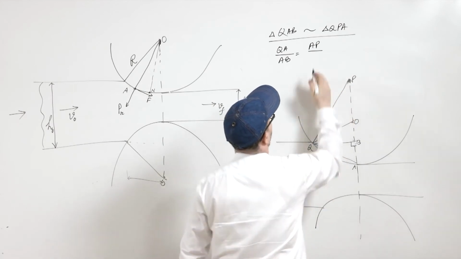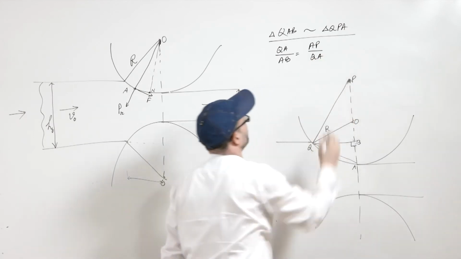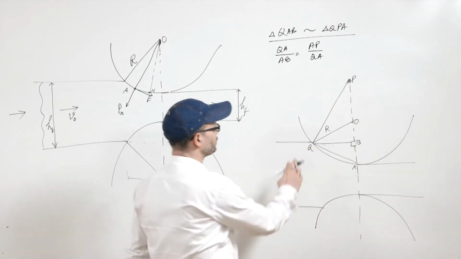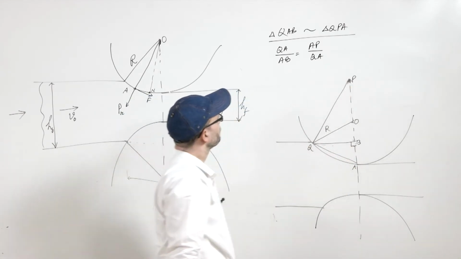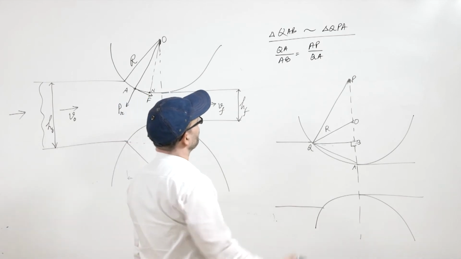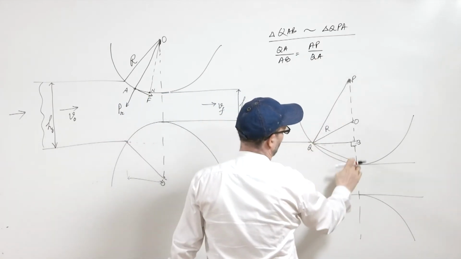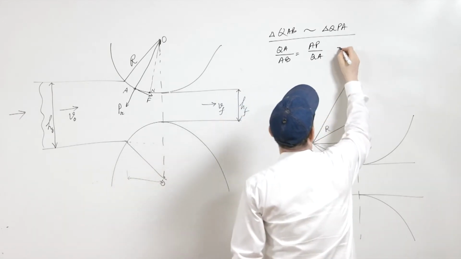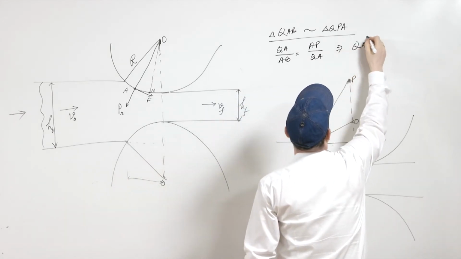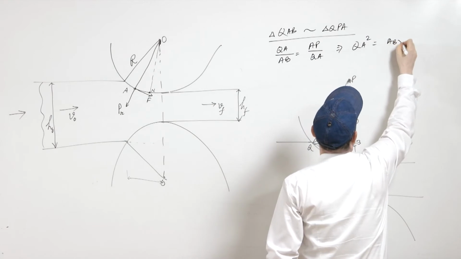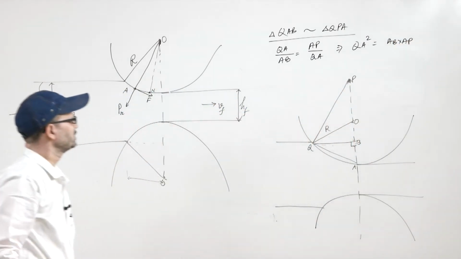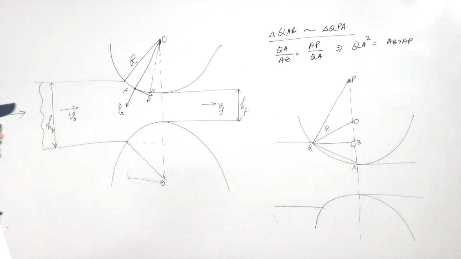So by similarity of the two triangles QAB and QPA, QA square is AB into AP.